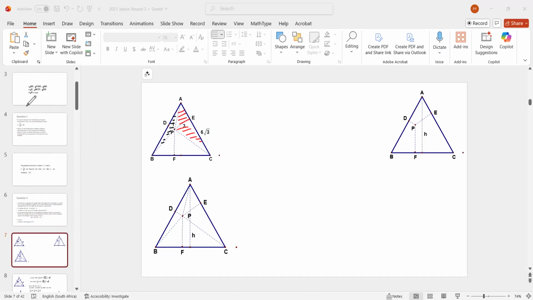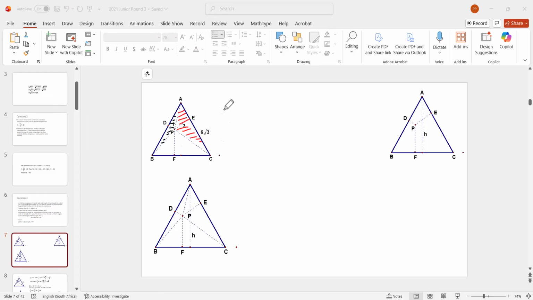Well, this is straightforward because the area of a triangle is half base times height. In this case, you choose the base to be AB and the height to be, it's given as 1.